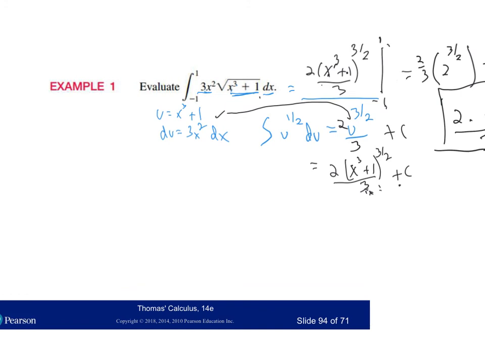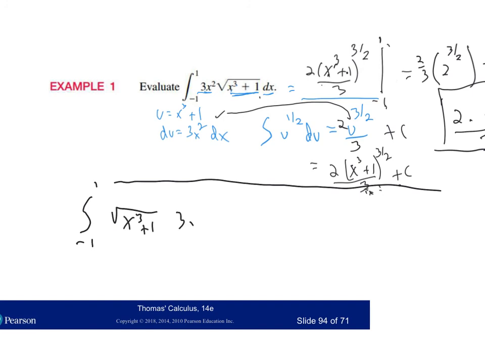I'm going to do the problem again with pure substitution all the way, okay? So I'll rewrite the problem, integrating -1 to 1 of the square root of x cubed plus 1 times 3x squared dx.